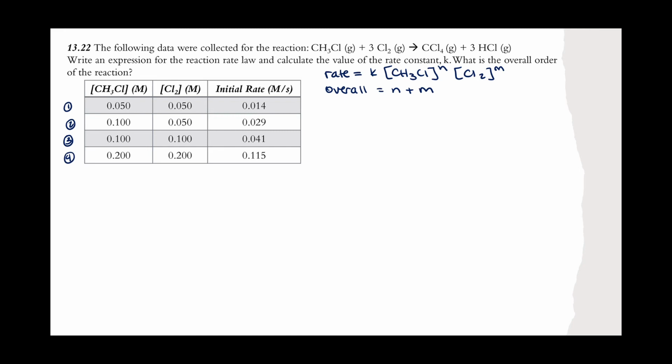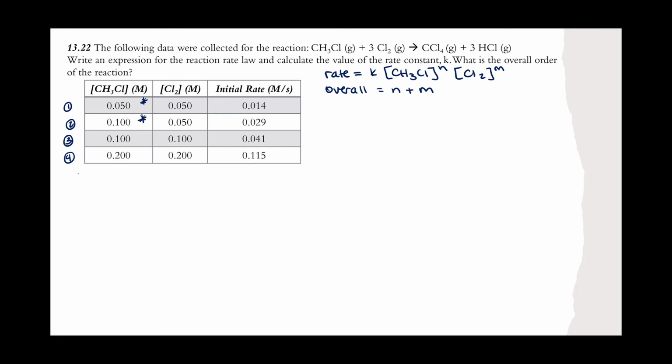In this case, we'll look at the methyl chloride first, and so we want to look at the methyl chloride column and pick 2 rows where the concentration is changing, but the concentration of the chlorine gas must remain constant. So here, the only 2 experiments that I can pick are these first 2. I'm going to star them because the chlorine gas is remaining constant, but the methyl chloride is changing.